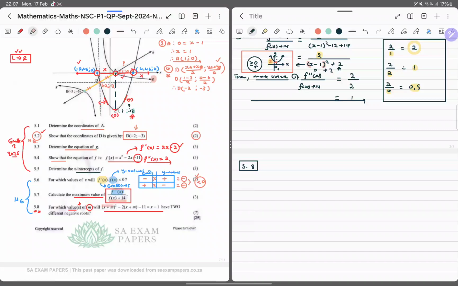Just looking at this expression, what do you see? There's a striking resemblance to that one. But now what have we done? x has been substituted by x + m. So this means this is the graph of f horizontally shifted, whether left or right, because this represents a horizontal shift.